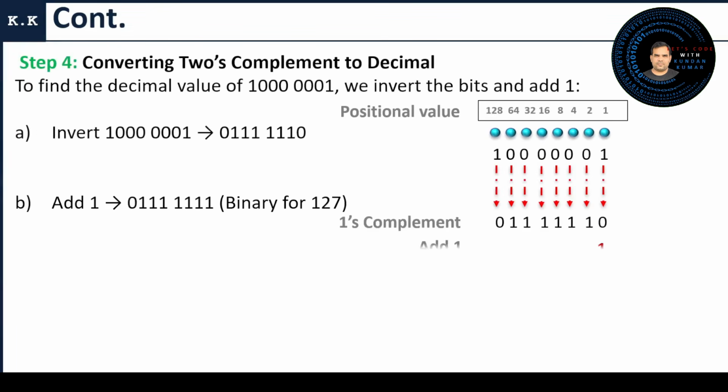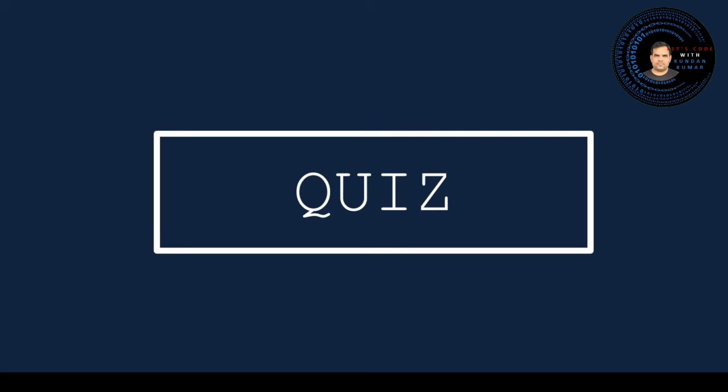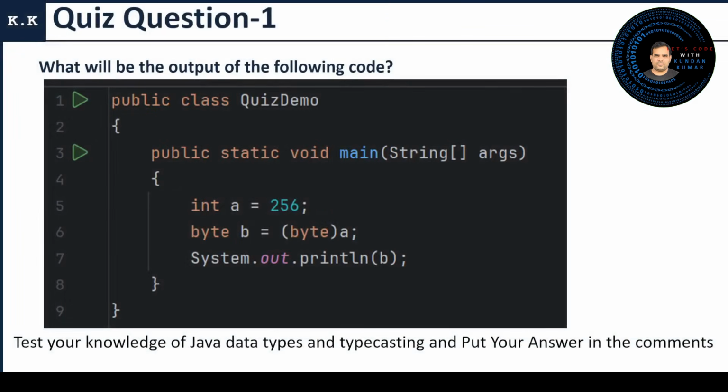Get the answer done on your paper. Once you find an answer, then type this question into your computer, run it, and see whether the system gives your expected output or not.